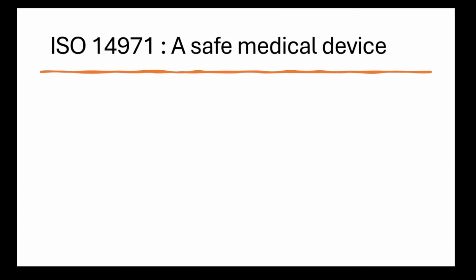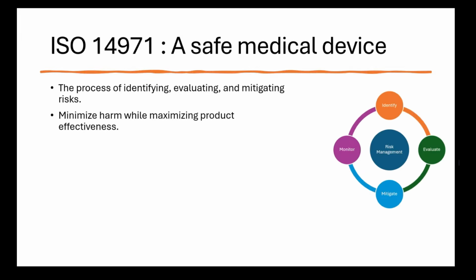If we go further along the lines into the process which is dictated by risk management, it is more like a cyclic process. It is a systematic process of identifying the risks or hazards, evaluating those risks, and mitigating those risks as far as possible, or as low as reasonably possible.